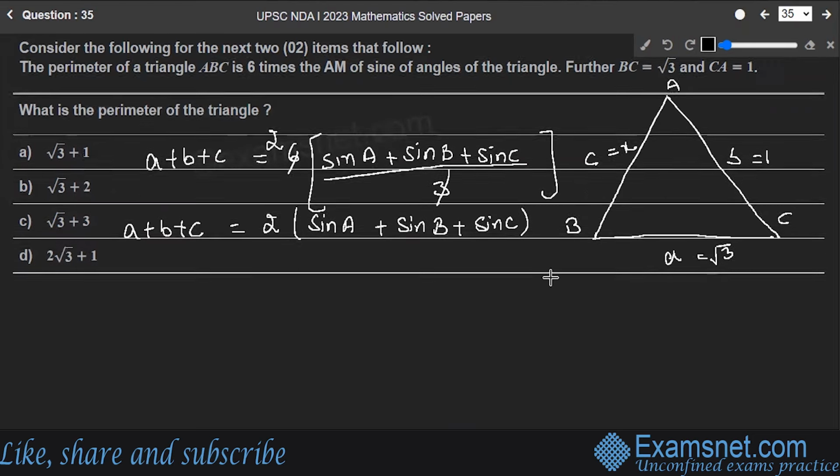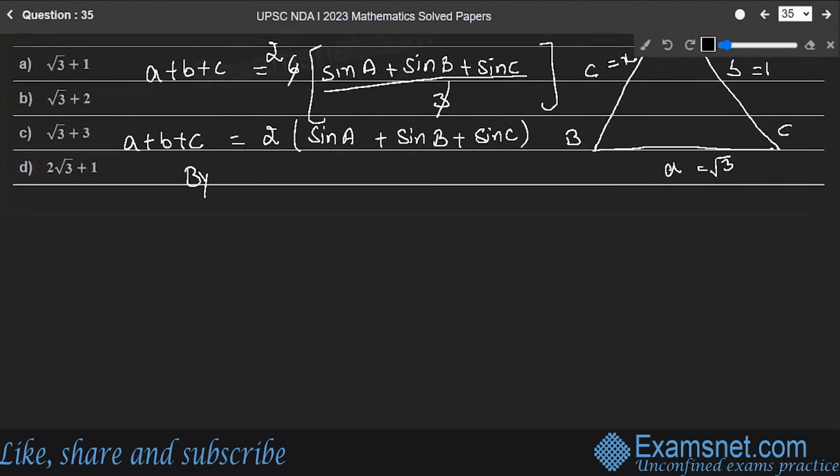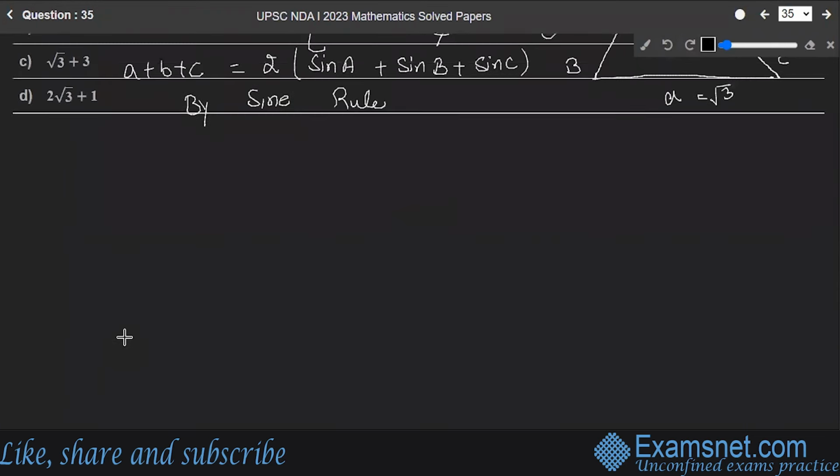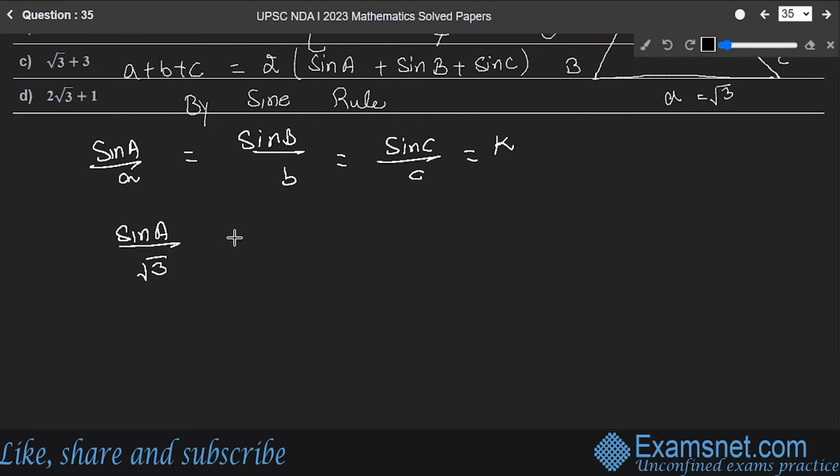Now by the sine rule, sin A upon a, sin B upon b, sin C upon c is equal to, let's say, some k. a is root 3, b is 1, and c I don't know, I have taken x, so I'll write x over here.